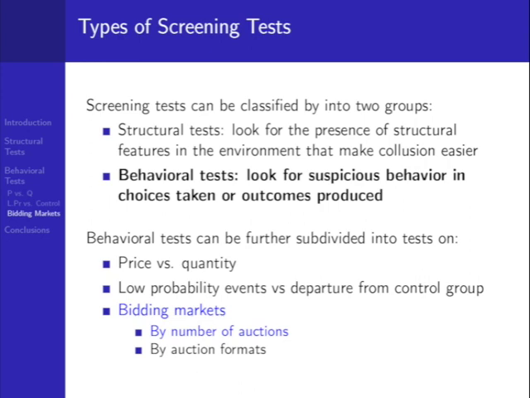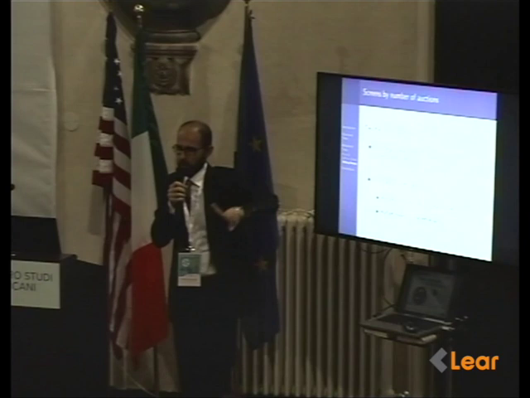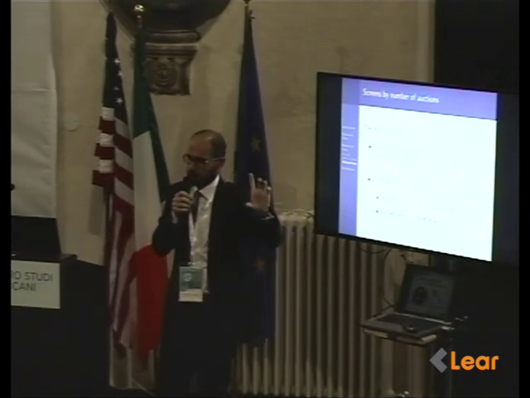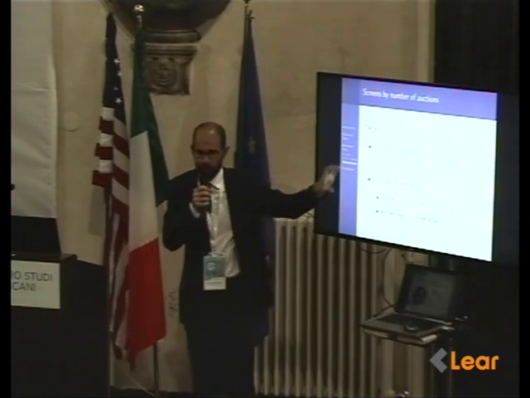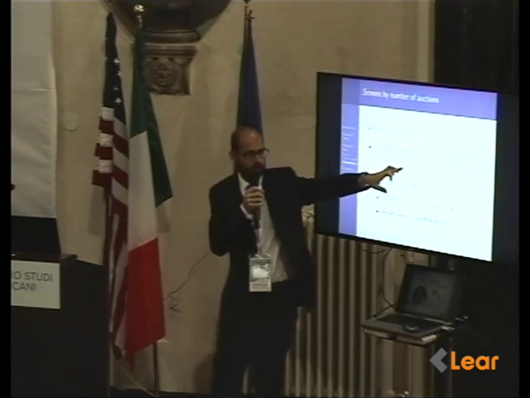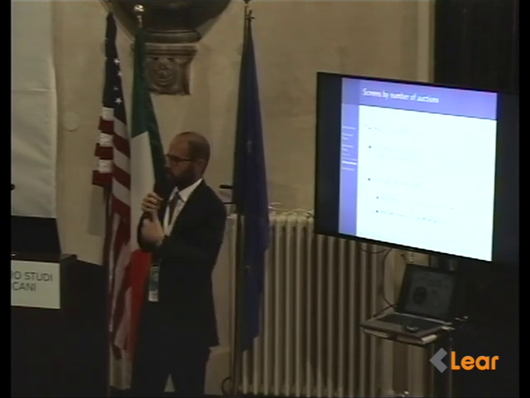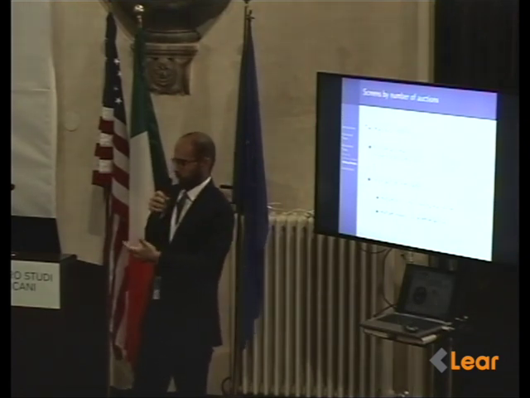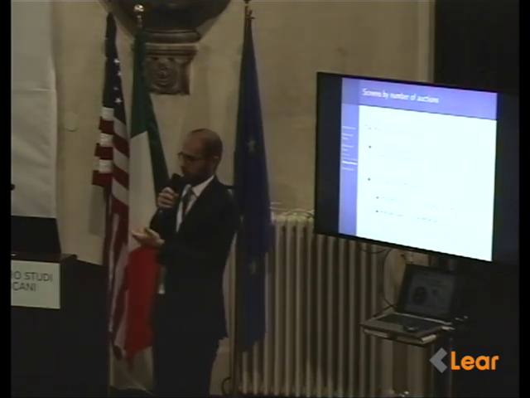So in terms of division by number of auctions, this is the typical case whenever we are doing the last type of test, so tests that construct a theoretical benchmark and then do a simulation. To empirically implement that kind of test, you need a multiplicity of auctions. There are a bunch of papers. One very famous is by Ariane, but you need typically many, many auctions because you need to estimate a complex model. And so you need to rely on a lot of data to have a good assessment of the parameters of this model.